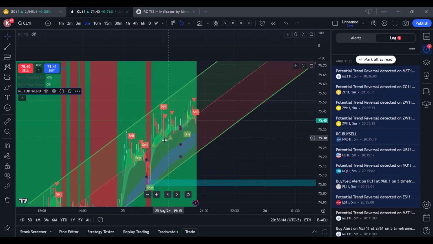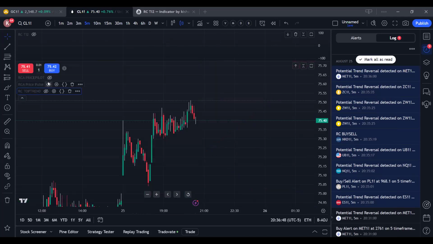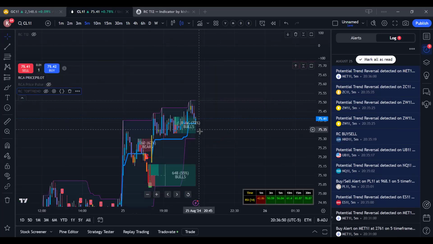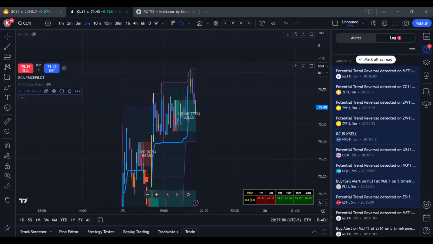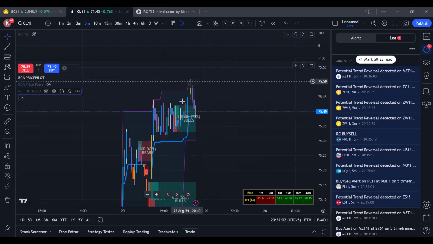If you are getting confused with the GGG RRR signal strategy, then you go with Price Pilot. If you get a sell signal, it should come all the way down. This blue should turn to orange, orange should turn to red. Then you have to take the sell signal until that time. As of now, it is still blue. That means it may come, touch this, and again go up.